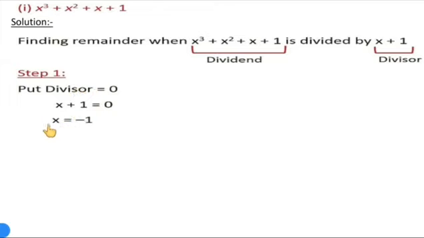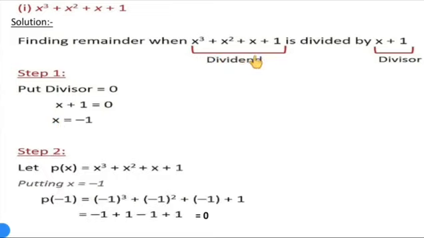In step 2, we are going to put the value in the dividend. Let p of x equals x cube plus x square plus x plus 1. Putting x equals minus 1, p of minus 1 equals (minus 1) whole cube plus (minus 1) whole square plus (minus 1) plus 1.